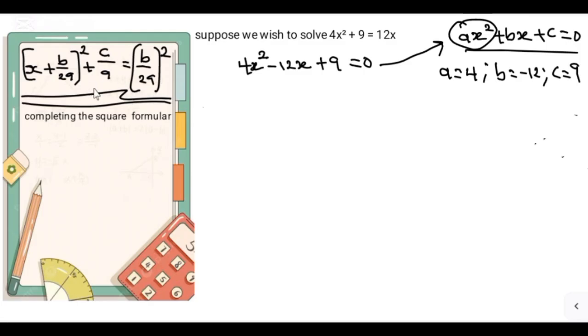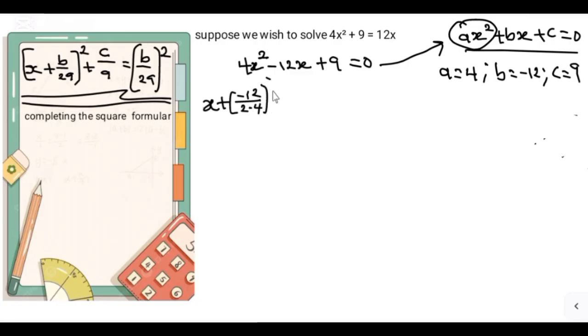If we put this into this formula, what result are we going to get? Let's try and find out. Now, substituting, we will have x plus, what is our b? Our b is minus 12. Minus 12 all over 2, what's our a? 4.